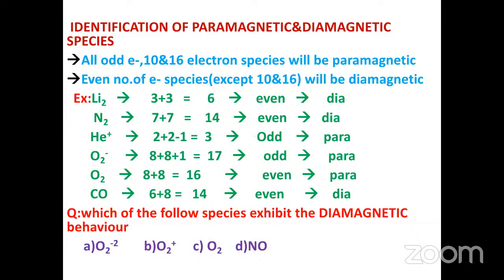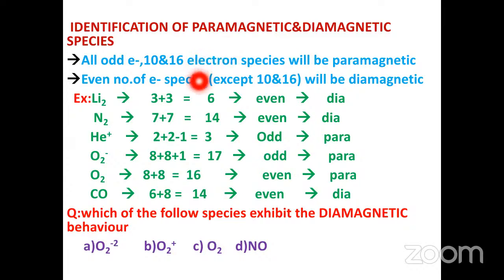The next topic is how to identify paramagnetic and diamagnetic species. How to identify paramagnetic and diamagnetic species in given compounds in competitive exams easily.